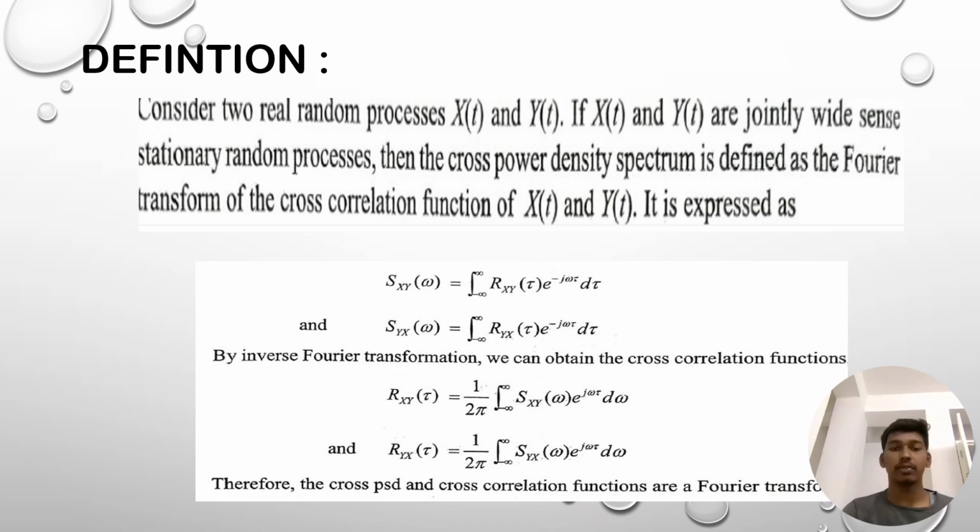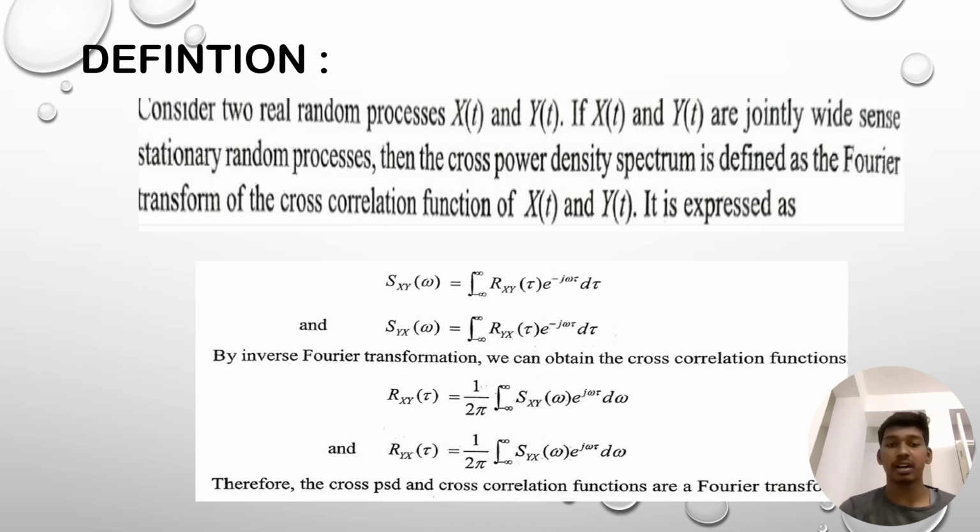Let me apply the inverse Fourier transform to obtain the cross correlation function. Rxy of tau is equal to 1 by 2 pi, integral from minus infinity to infinity of Sxy of omega into e power j omega tau d omega.